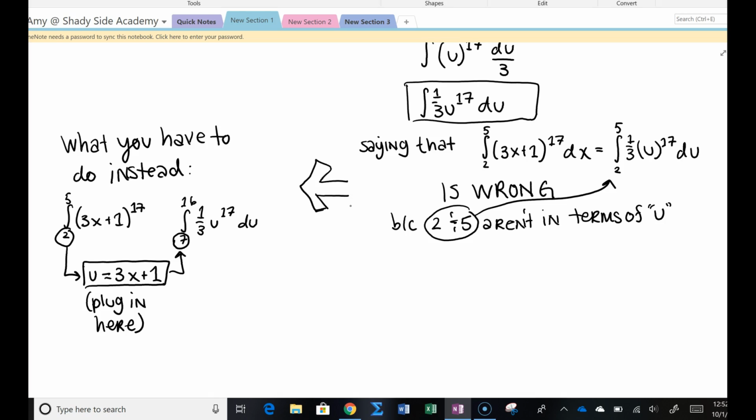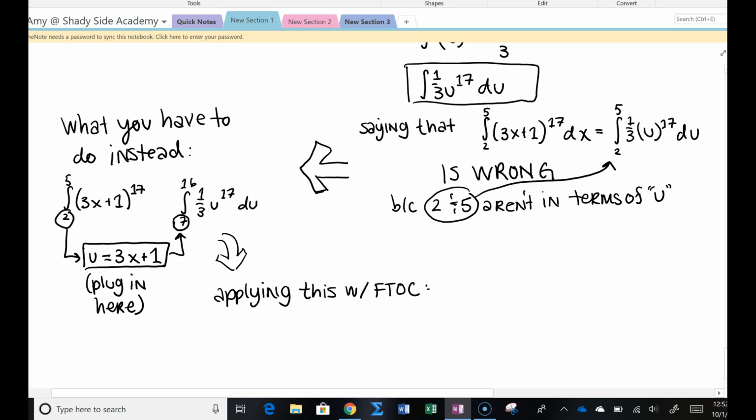I don't have a preference. I will tell you this, about 80% of the time it's easier to take care of the u. It's just easier arithmetically. Oliver, question? If you don't use u, do you have to convert the limits from x to u, or do you just leave them as x?